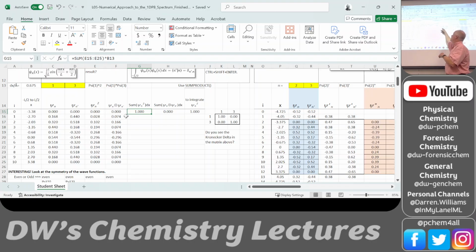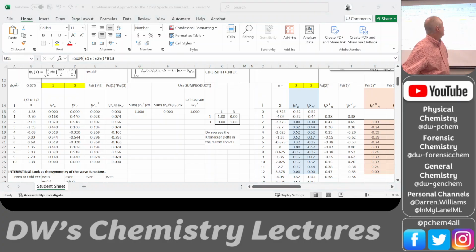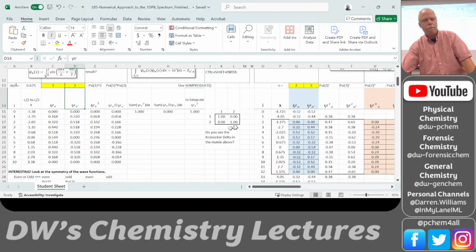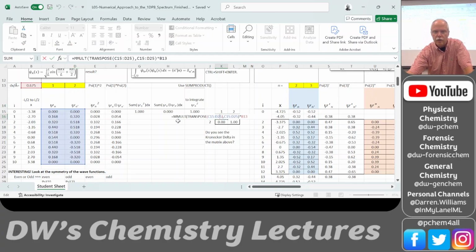We could have done this with matrix math here. Let's just do 1 and 2 for simplicity's sake. Let's look at this matrix formula here.